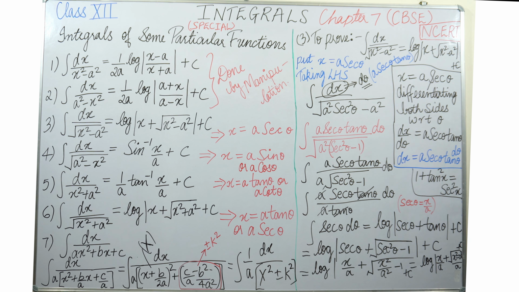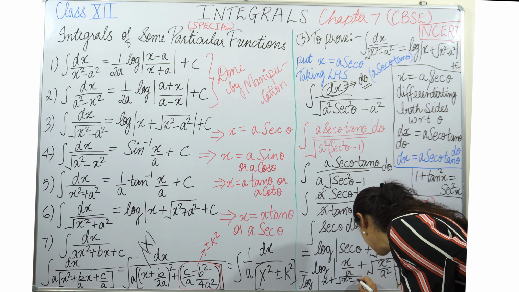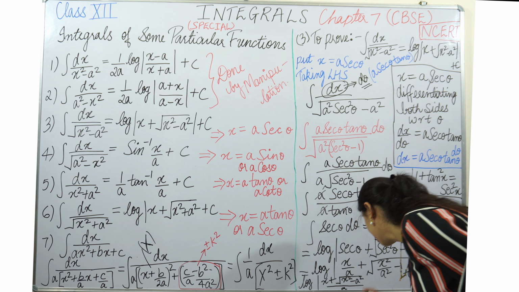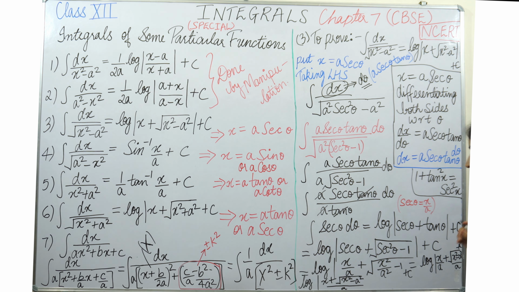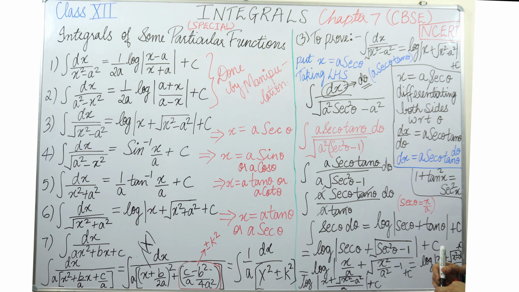Okay, so now when I will be taking the LCM of a, I will be getting over here log x plus under root x square minus a square upon a, okay, upon a plus c.